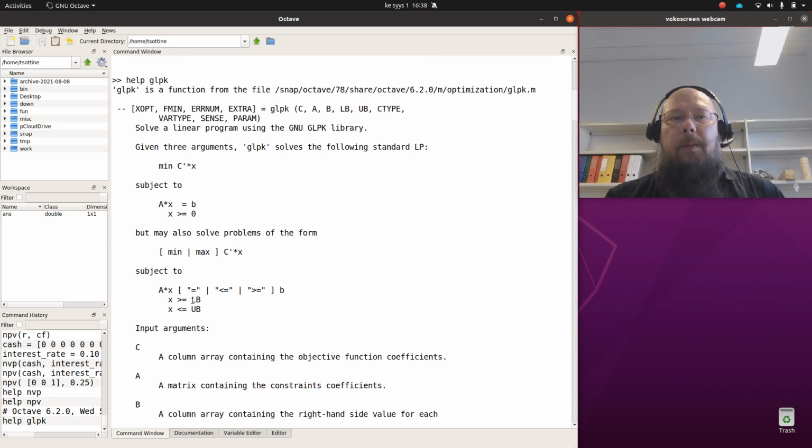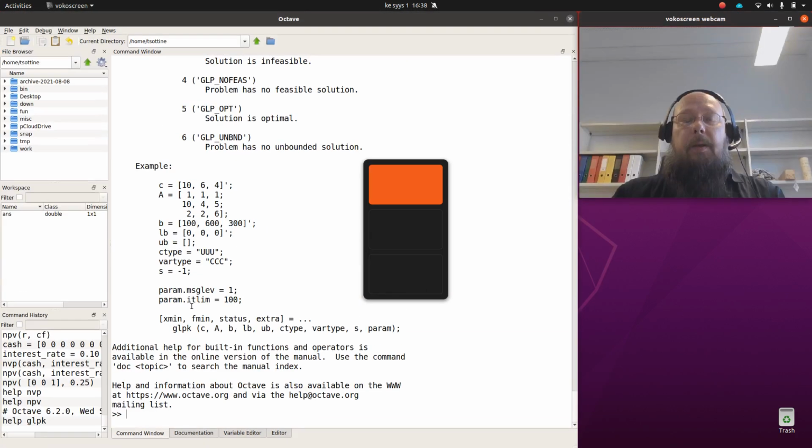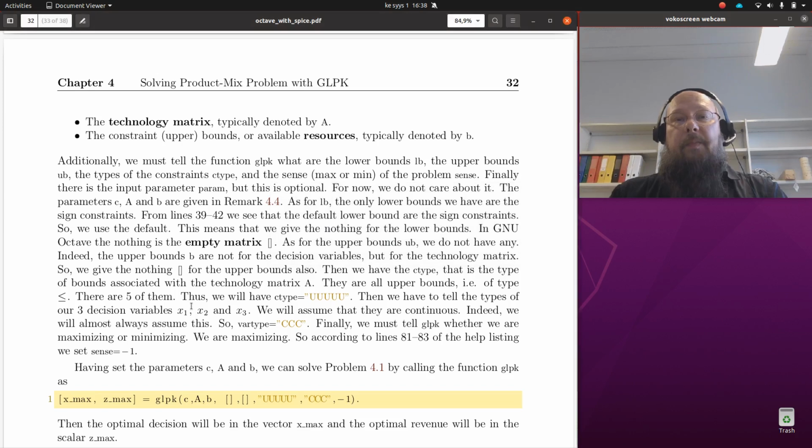So these were the zeros, but that's the default. So I tell Octave to use the default. I could put a matrix or vector of zeros there also if I liked. And upper bounds I don't have, and that's also the default. So LB and UB, in practice almost always we will use the defaults, which means that we don't pass the arguments, but since the arguments are given in their order, we have to just put there a couple of empty things, meaning use the defaults.